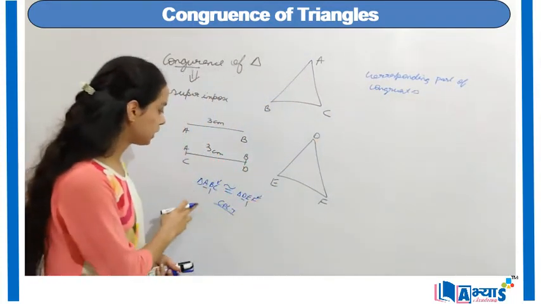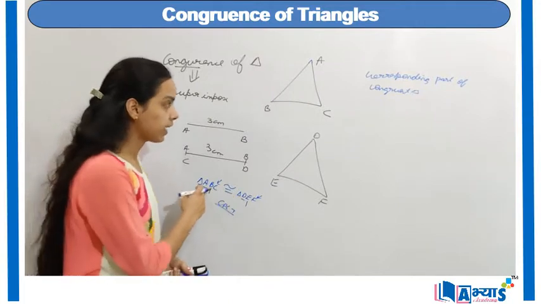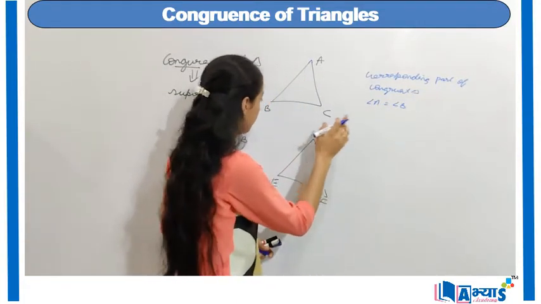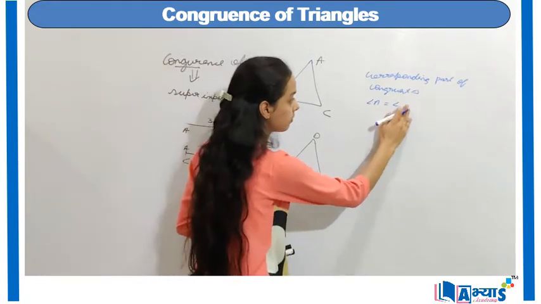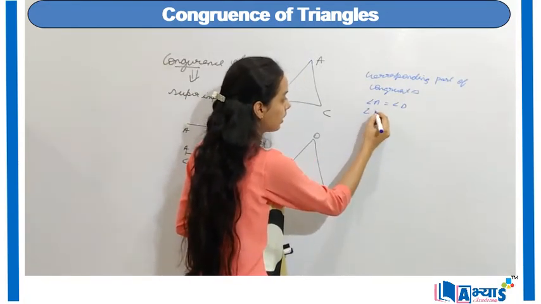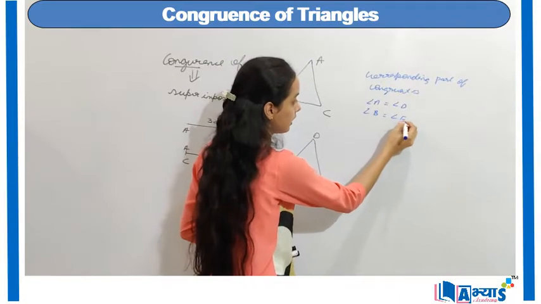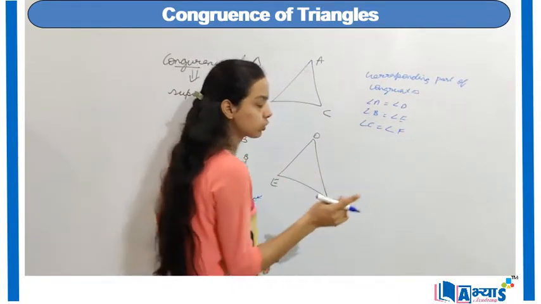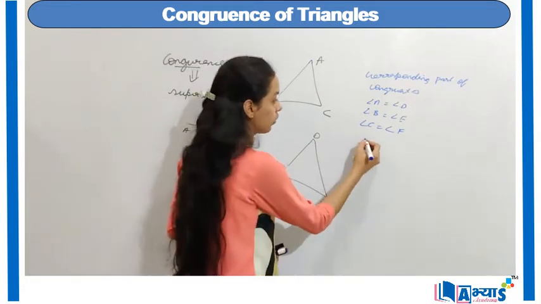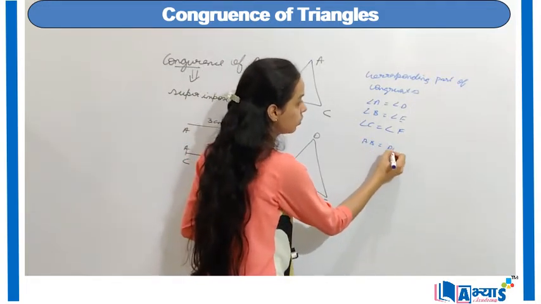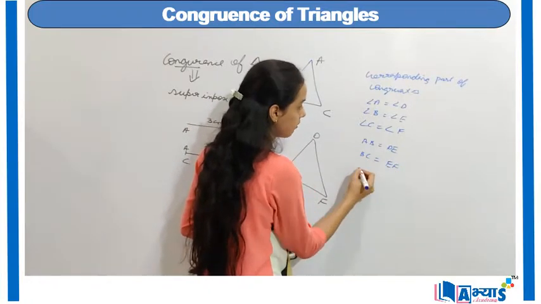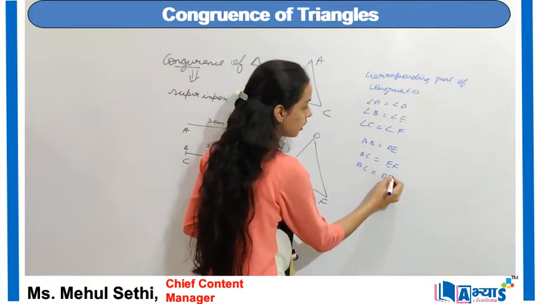So when ABC is congruent to DEF, then we can say that angle A is equal to angle D, angle B is equal to angle E, angle C is equal to angle F. Also the sides will be equal. So AB will be equal to DE, BC will be equal to EF, and AC will be equal to DF.